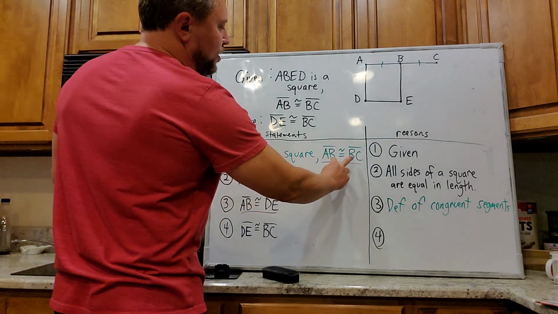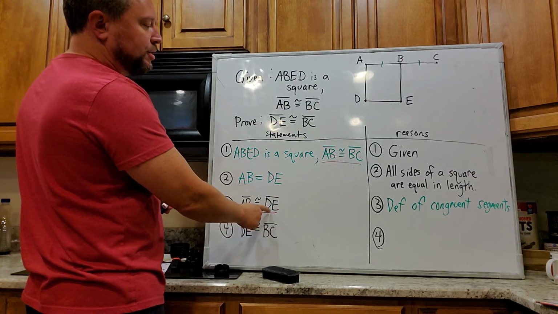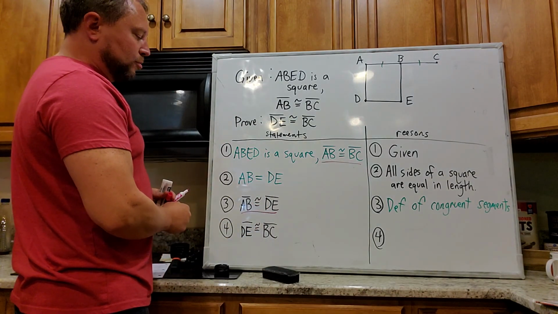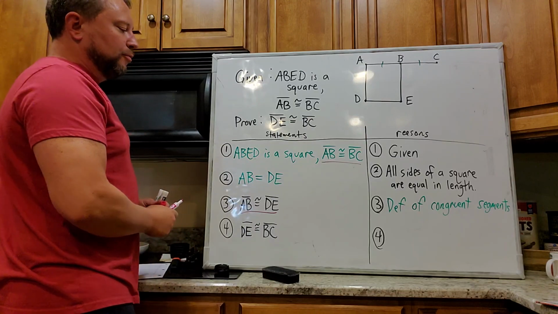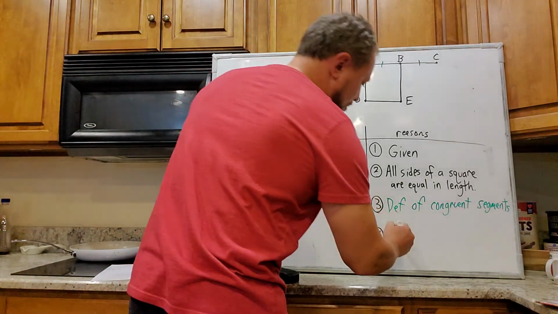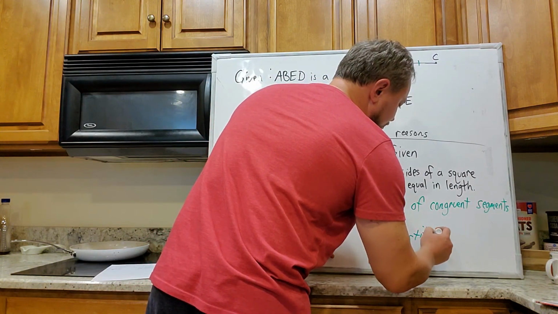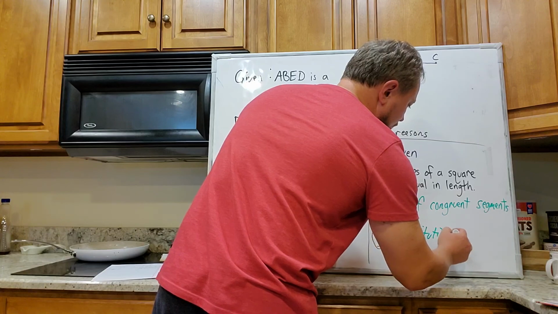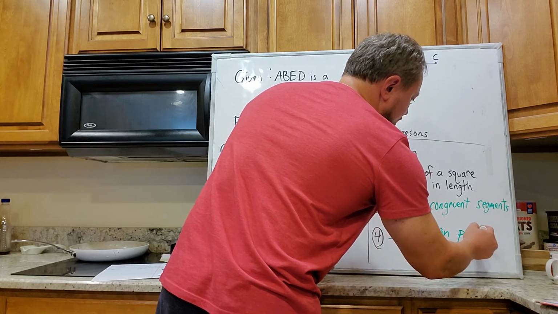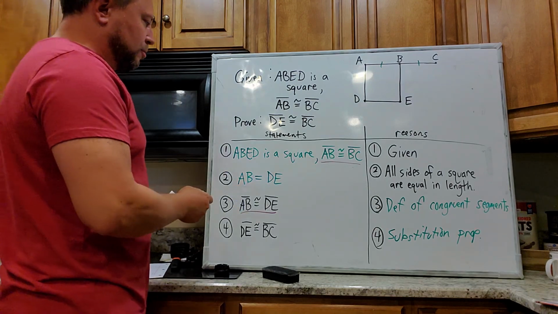You see how I had AB equals BC, but then AB also equals DE? So what we can do is perform what's called a substitution. So what I'm going to do here is a substitution using the substitution property.